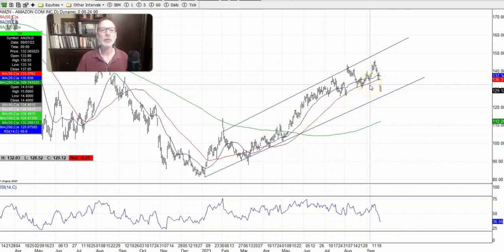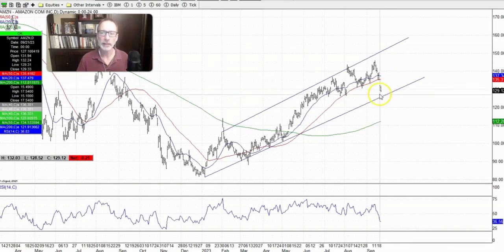So, what you would consider a more high probability timing pattern is you wait for the stock or index to come in contact with the bottom edge of the channel and wait for that curl up, wait for that turn up to give you an idea that, all right, the selling has slowed down and it's ready to make its next move higher. You don't want to really jump the gun so much because it could fall through here and head towards a 200-day moving average.